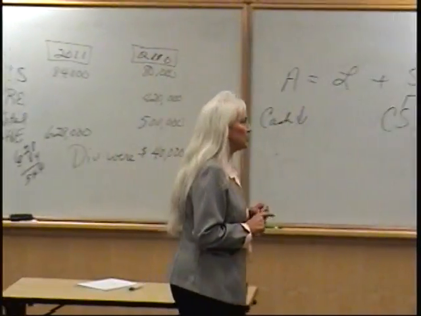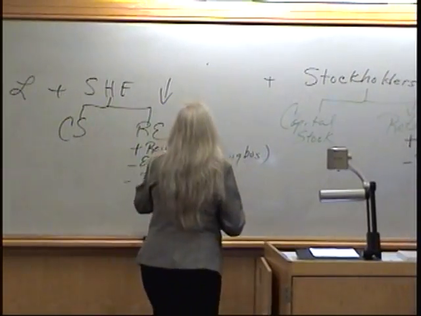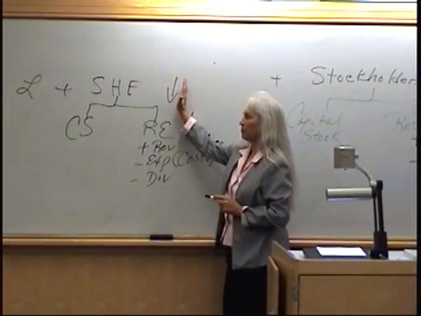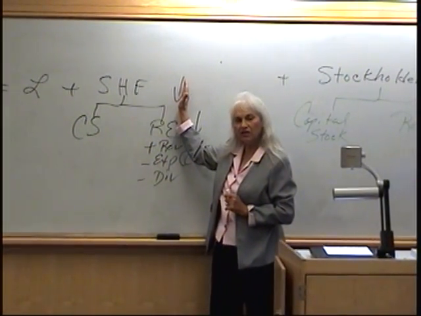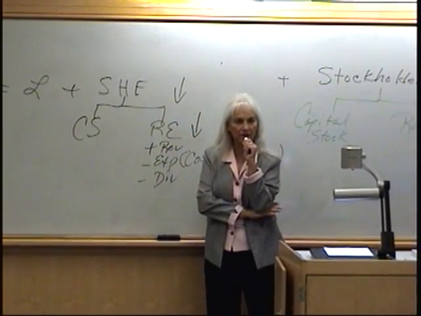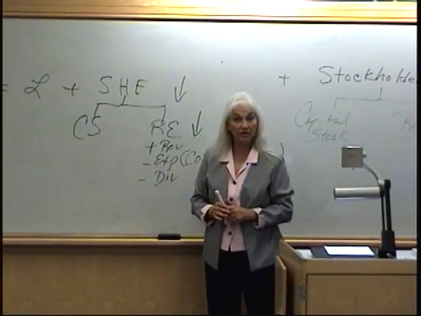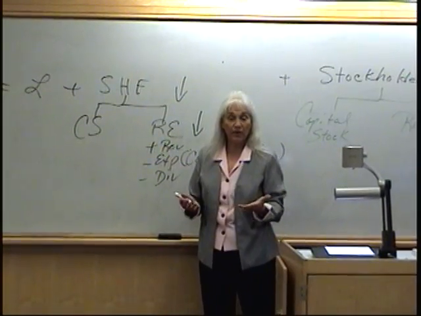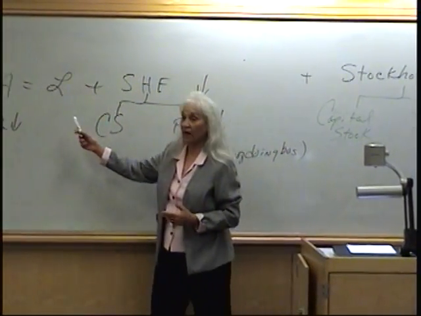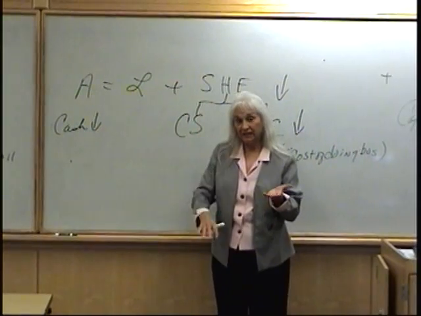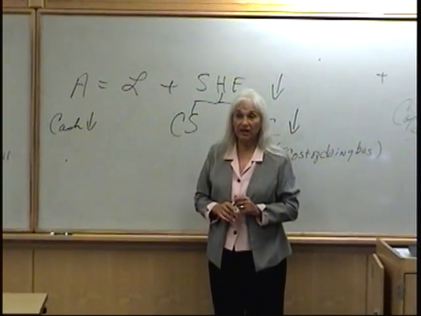So if I put an expense over here and make my expenses go up and my stockholders' equity go down, something else has to happen. Liabilities go up because you owe it. So on an expense, you could have a situation where your liabilities went up and your stockholders' equity went down.